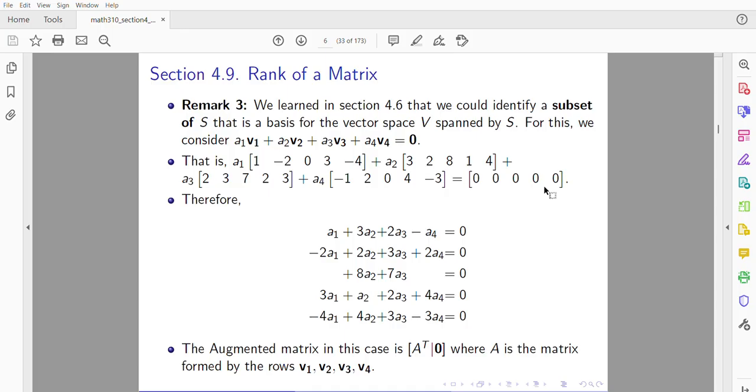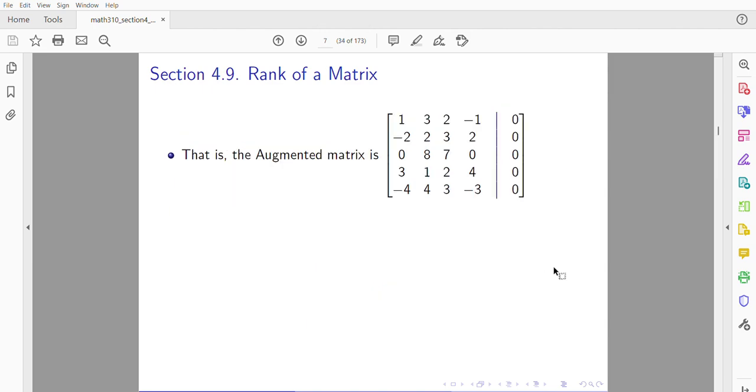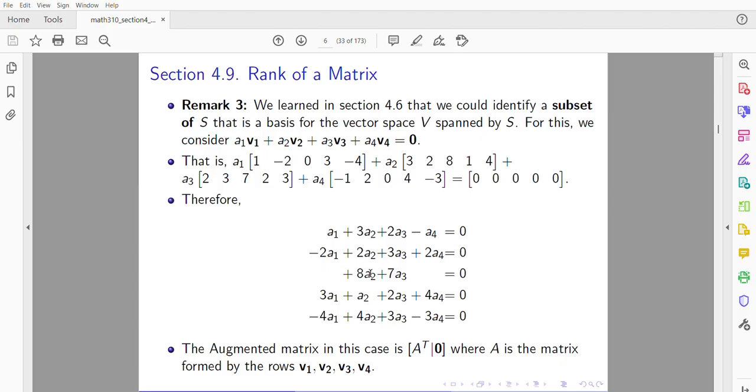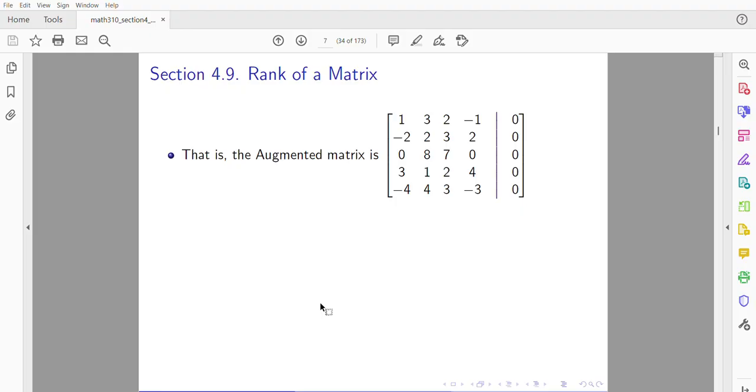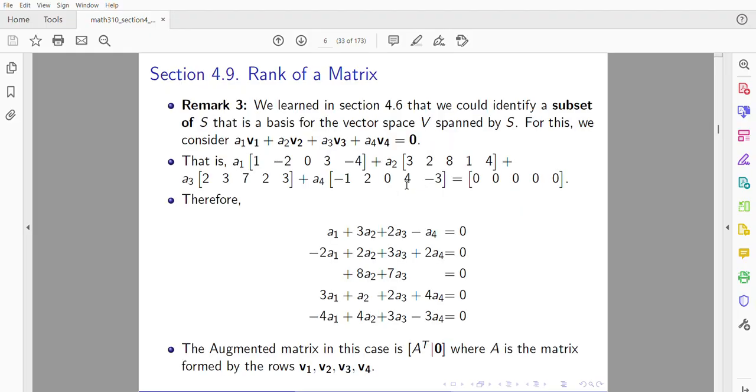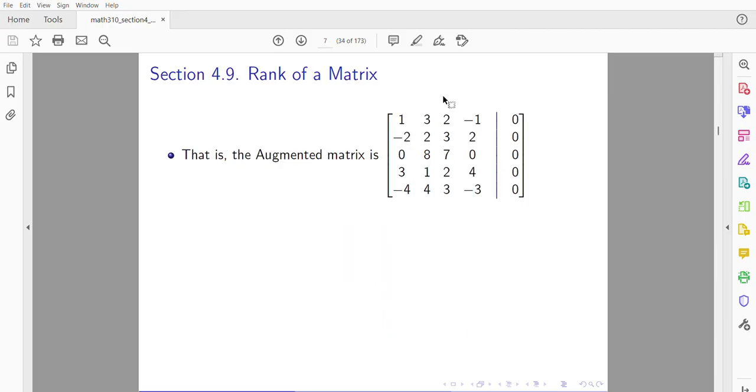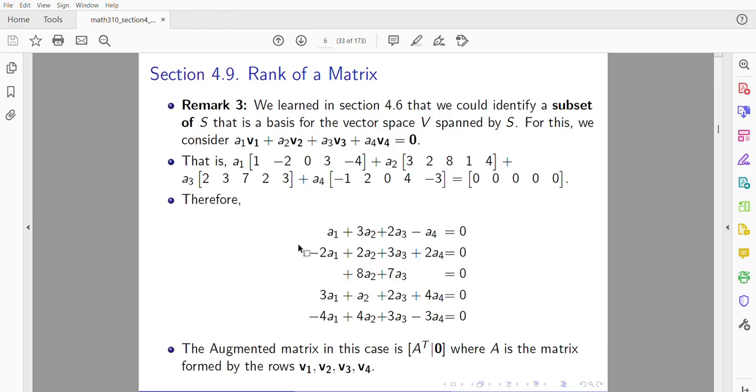Look at the augmented matrix. I claim it is A transpose. Why? Look at that: 1, -2, 0, 3, -4. Likewise, 3, 2, 8, 1, 4. Why is this A transpose? Look at A. If you remember, A is made up of these rows.